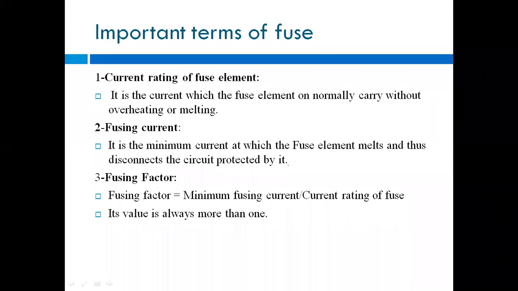If the current flowing is above that, that is the minimum current which is required to blow out the fuse or melt that fuse. So that is the fusing current, the minimum current at which the fuse element melts, and it disconnects or protects the circuit.